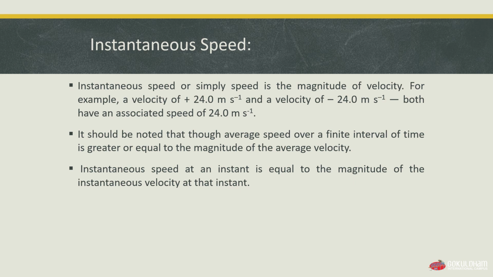According to the definition, we have seen that instantaneous speed is the magnitude of velocity, and on that basis the magnitude of instantaneous velocity and the instantaneous speed are equal. This was instantaneous speed. So up till now we have discussed average velocity, average speed, instantaneous velocity and instantaneous speed.